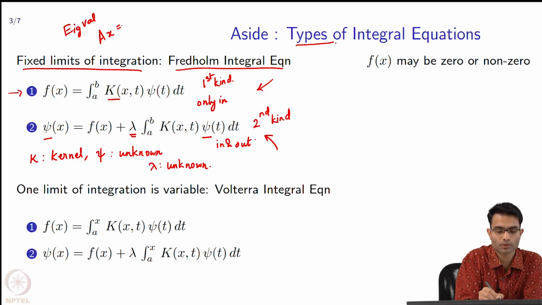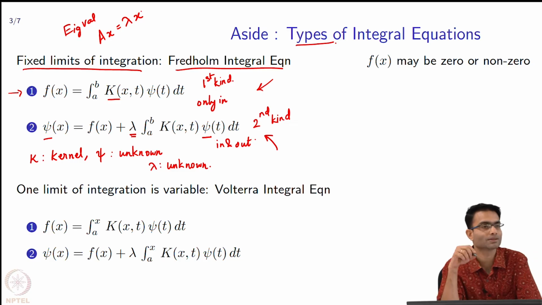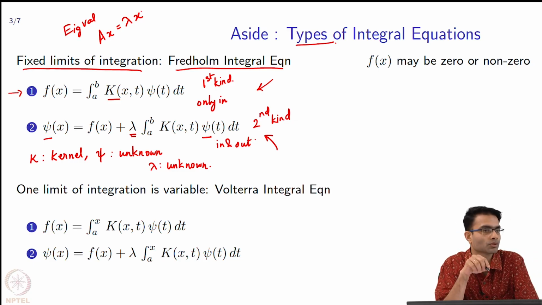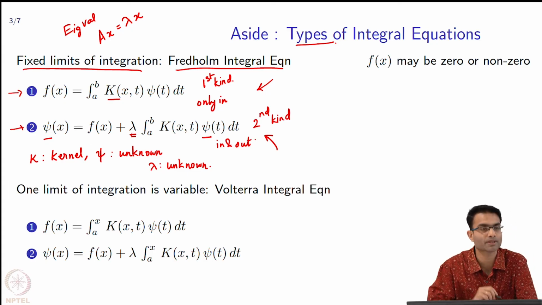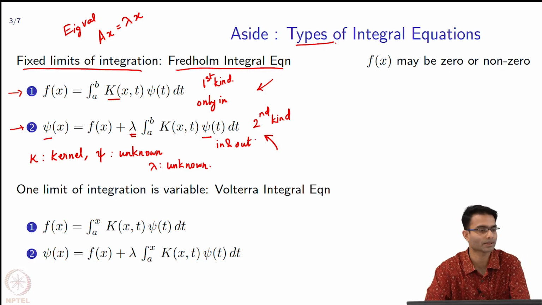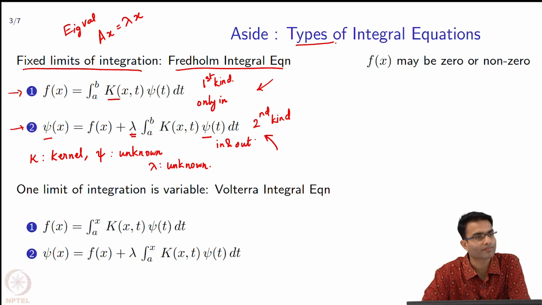You write Ax is equal to lambda x, and when you write this equation, you do not know x and you do not know lambda. You solve for both one by one, right. So, we have encountered such equations where there are two unknowns. So, this is a generalization of that, where this lambda parameter is also unknown. You can think of it as an eigenvalue. So, these two are Fredholm integral equations, and electrical engineering comes across these many times.